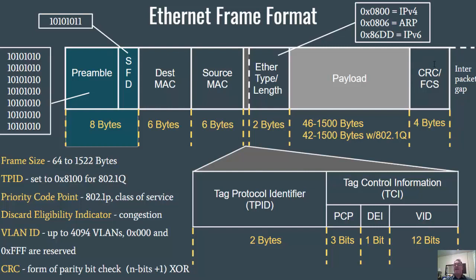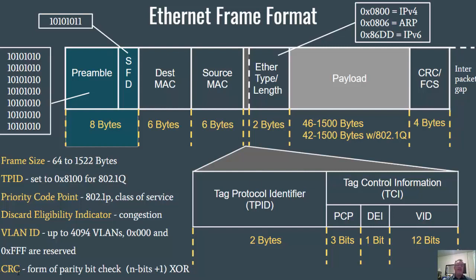Then a little bit more about the cyclic redundancy check or frame check sequence. In the past, I've always described it as a hash to make sure that the frame is error-free. At the receiving end, you could recalculate the hash to make sure it's error-free, but that's not true.